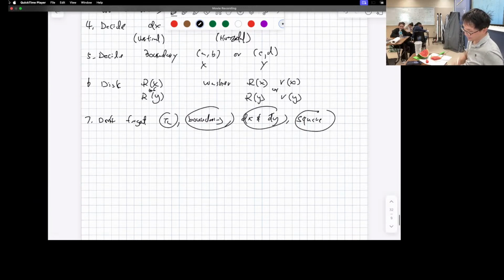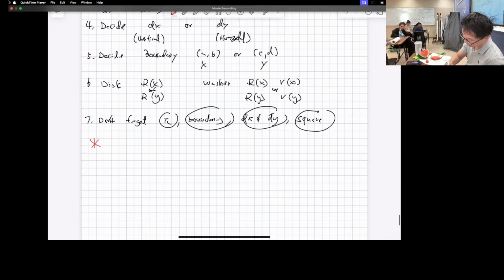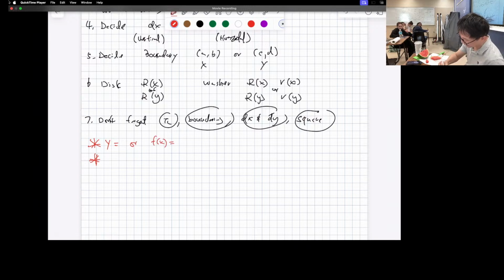Last but not least, this one is very crucial for people to understand, and it's really hard to understand. This is the most challenging part. If you have y equal to, or f of x equal to, that is the distance from the x-axis to the function.